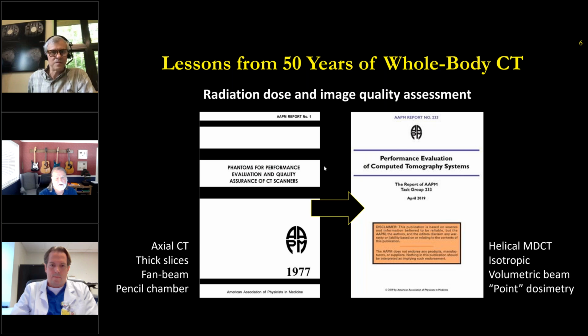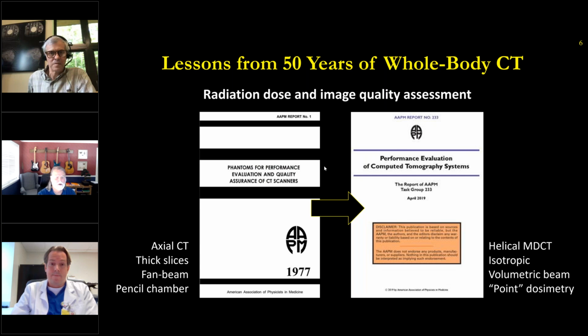One of the issues that I think is exciting with what we're talking about today is we're starting at the beginning of cone beam CT quality assurance and dosimetry. The problem that we've experienced with these task group reports is that they've been incorporated into standards, as I alluded to, but many of them have actually been incorporated into state law, and that's very difficult to change.